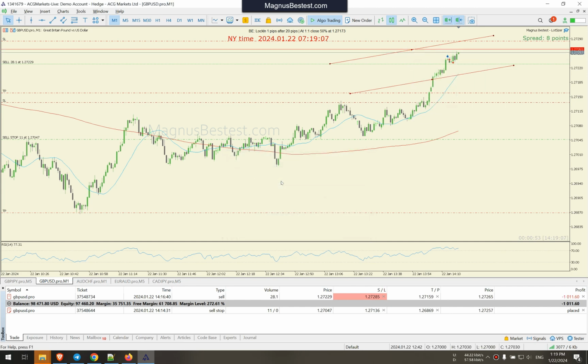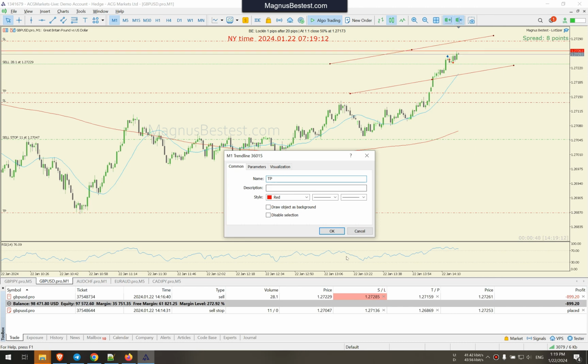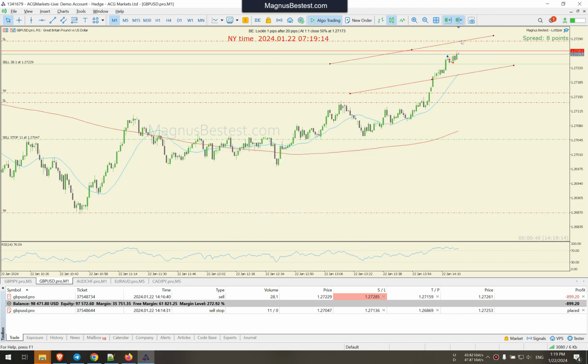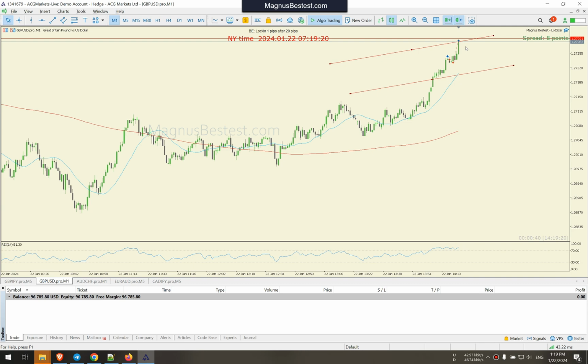Here is SL, stop loss, and here take profit. That's it. When the price touches this, it will close because of the stop loss level. Here, when we touch over here, you see now it was closed because of the stop loss. And if it went the other way, it would be closed because of the take profit.